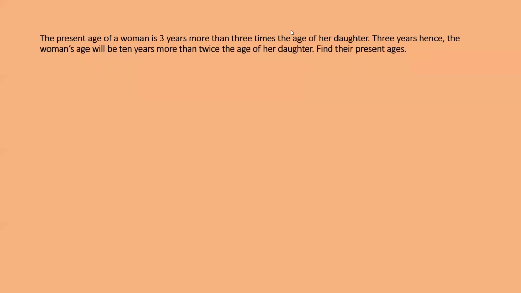So before finding out both the values, assume, let the present age of woman be X years and present age of daughter be Y years. Now see, present age of woman, that means X, is 3 years more than 3 times the daughter's age.